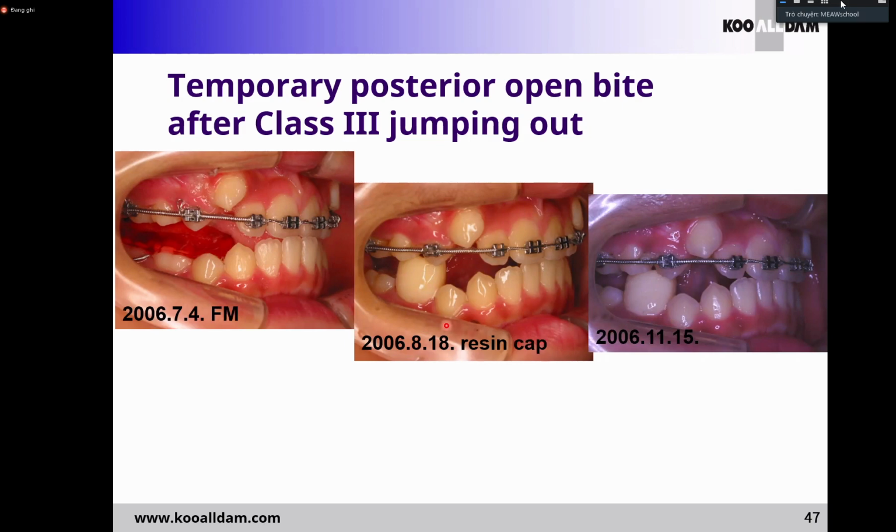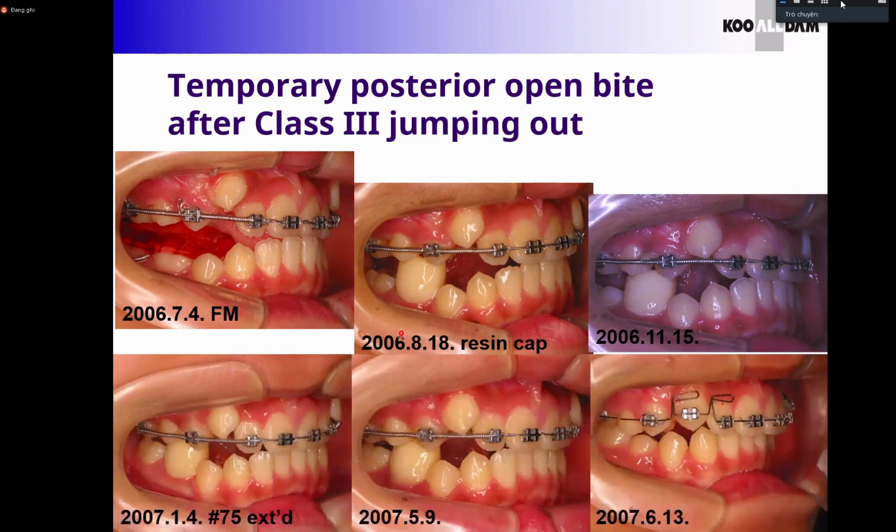What happened? While using resin overlay, we can see the over eruption of the lower first molar area like this. And finally, after exfoliation of the lower second primary molar, we can see the class 1 normal relationship.